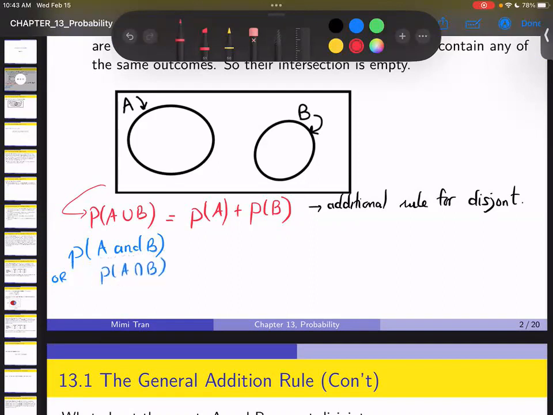What is probability of A and B? Is there any probability of A and B? No, right? So 0. There's no intersection.